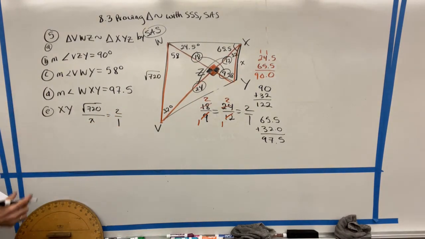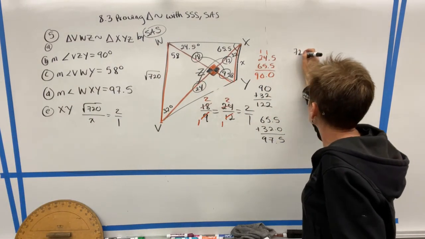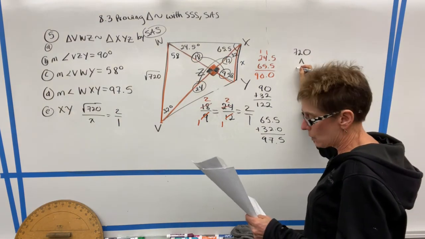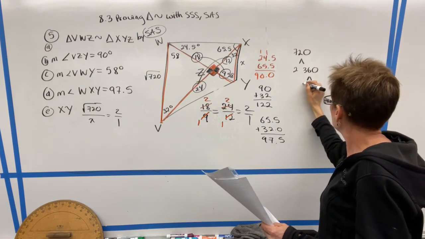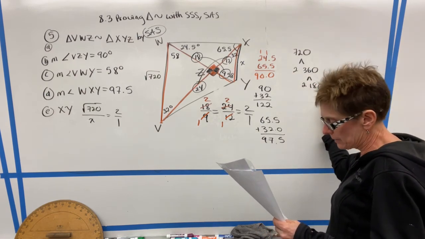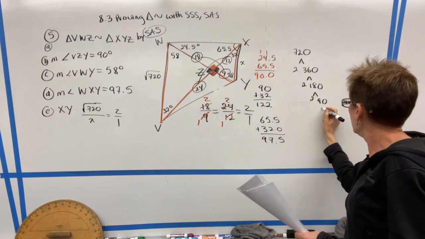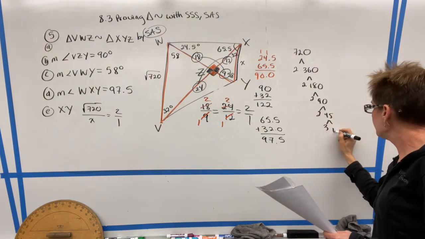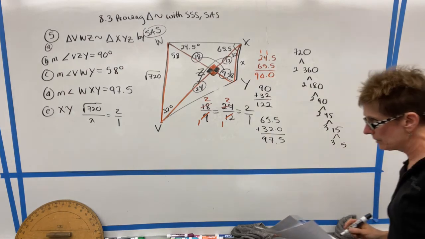Now, let's do a factor tree for 720. I think I'll do it over here because there's a little bit more room. If I do a factor tree for 720, 2 goes in 360 times, 2 goes in 180 times, 2 goes in 90 times, 2 goes in 45 times, 3 goes in 15 times, and 3 goes in 5 times.